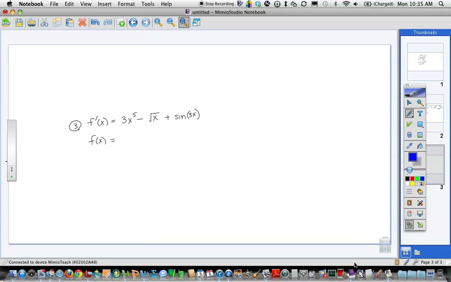Again, antiderivative is more of a guess and check. Antiderivative is more of a kind of, I think it would be this. Let's do the derivative of it and see if it gives me what I want. Because when you write it, you got the 3, it has to be 1.